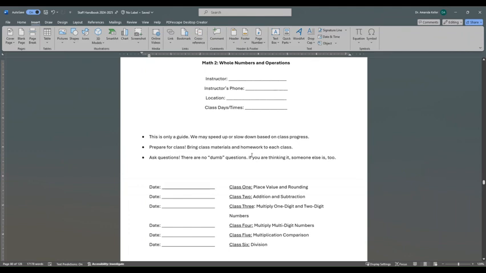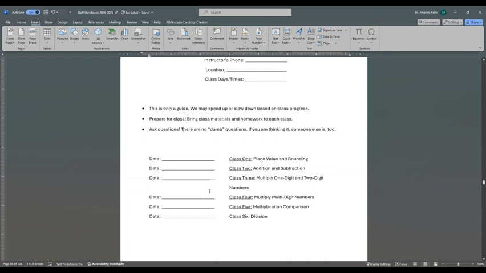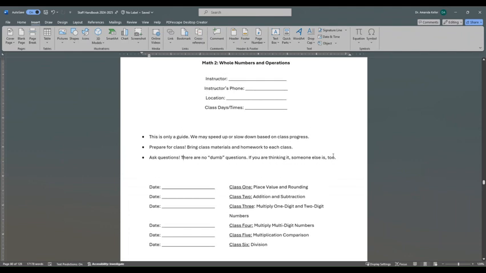If you're thinking it, someone else is too. So ask. And then put the dates for the classes on here so that they know what you're covering each night. This is a very simple syllabus, and you may certainly write your own. You do not have to use mine. I just included it for convenience.